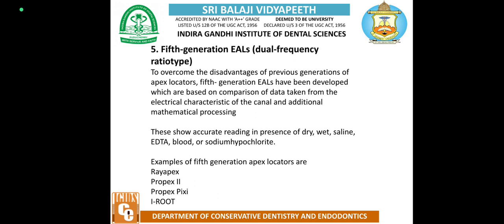Next is the fifth generation apex locators. To overcome the disadvantages of previous generations of apex locators, fifth generation electronic apex locators have been developed, which are based on comparisons of data taken from the electrical characteristics of the canal and additional mathematical processing. These show accurate readings in the presence of dry, wet, saline, EDTA, blood or sodium hypochlorite.